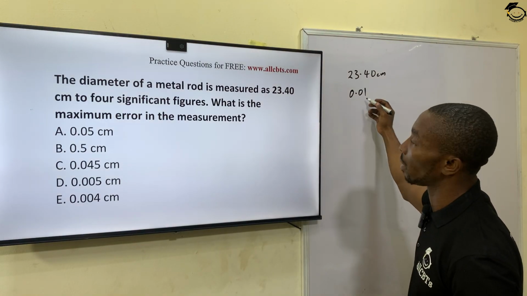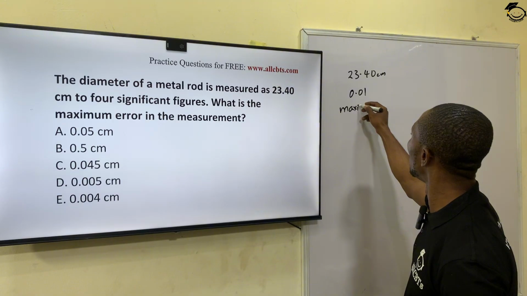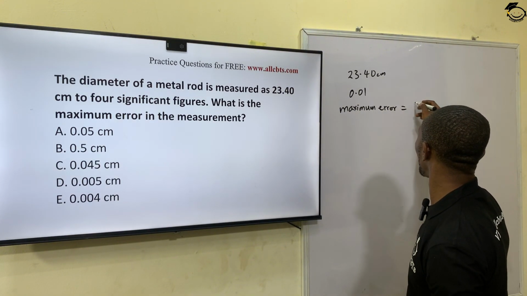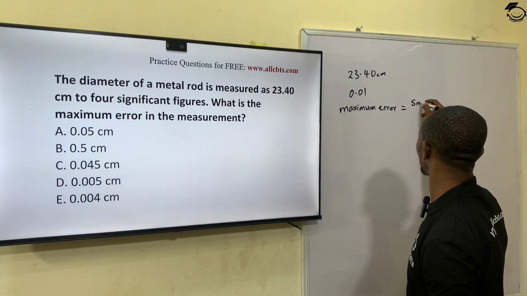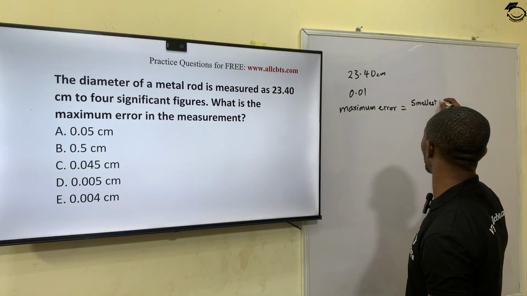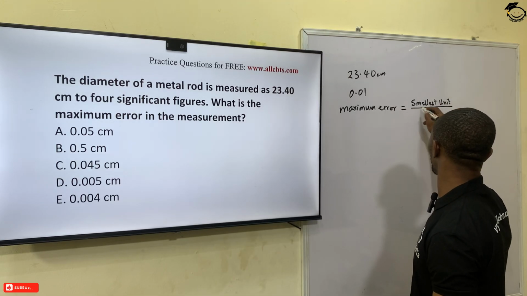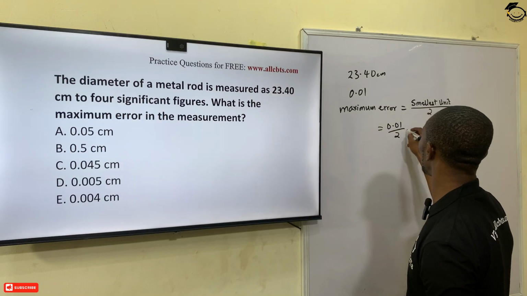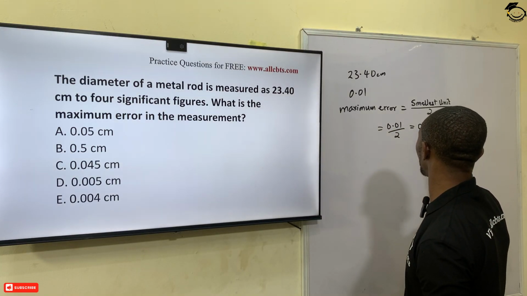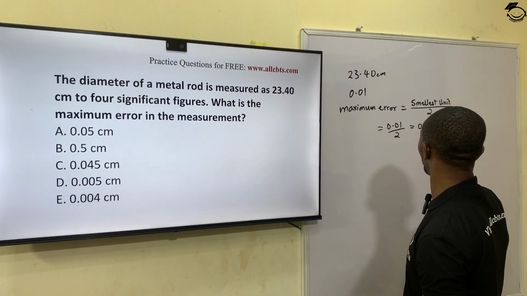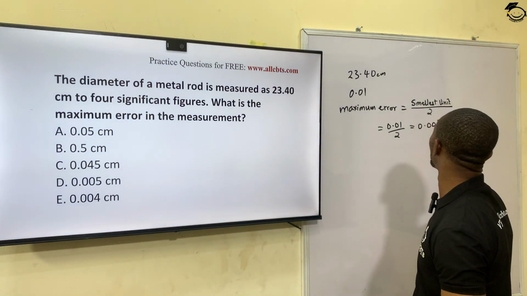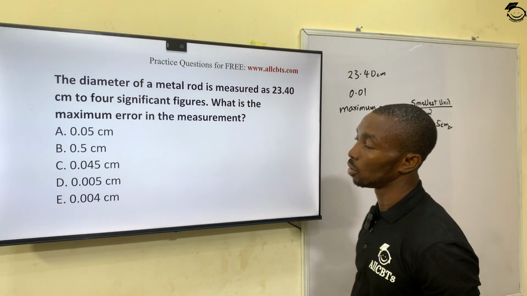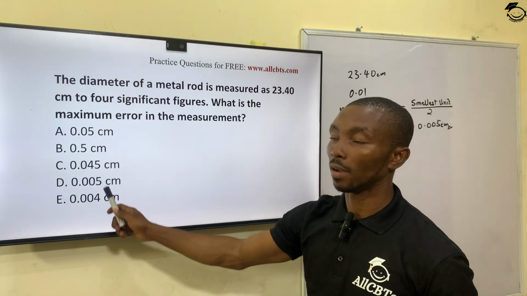So the maximum error would be our smallest unit divided by 2, which is 0.01 divided by 2. Now this gives us 0.005 centimeters. So the maximum error that can be obtained would be 0.005 centimeter.